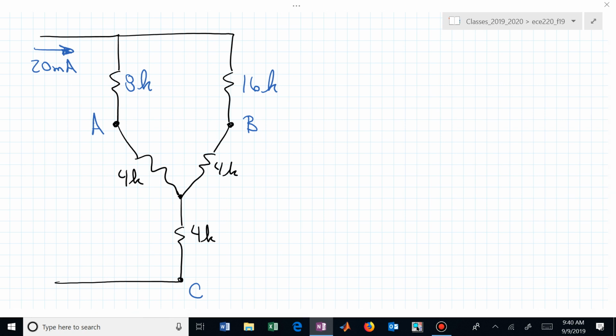And let me say this is now I1, this is I2, and can you find I sub 2 for me, or a formula for I sub 2? How are I1 and I2 related to the source that's pushing 20 milliamps through both of those?